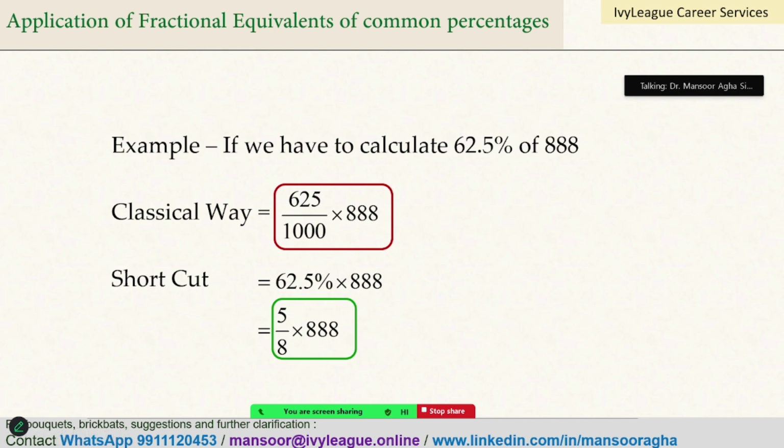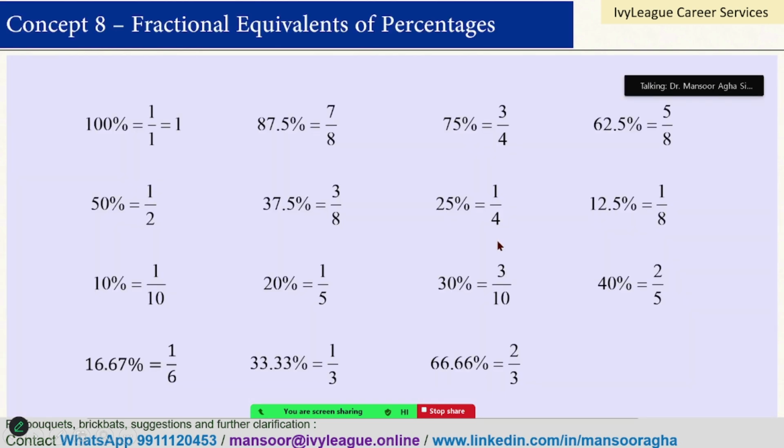In case of questions, the values which are given in questions will be integral values. You will not have a question saying what is 73.224% of something. Instead, you will have 75% of something. And when you see 75% written there and you remember that it is equal to 3 by 4, then doing the calculation faster is easy.